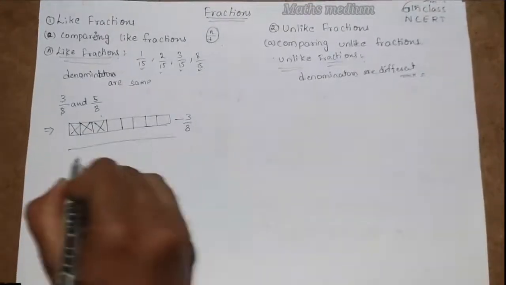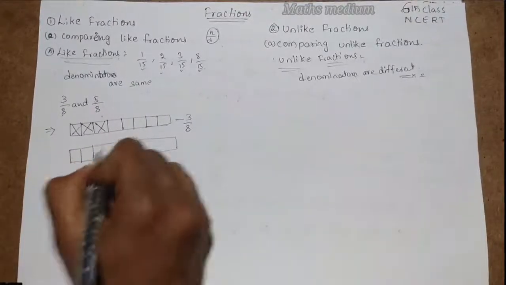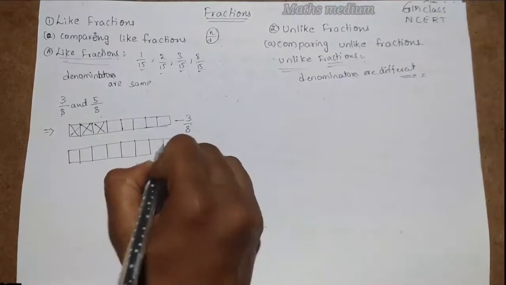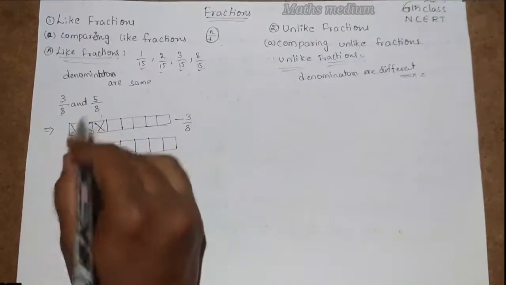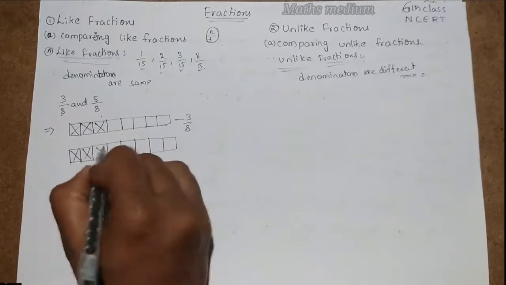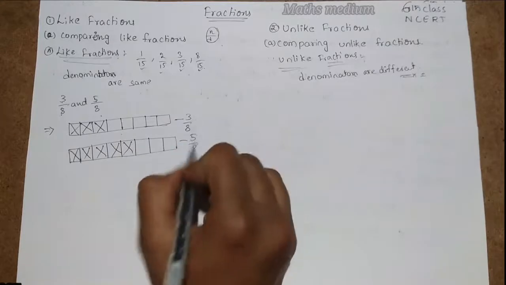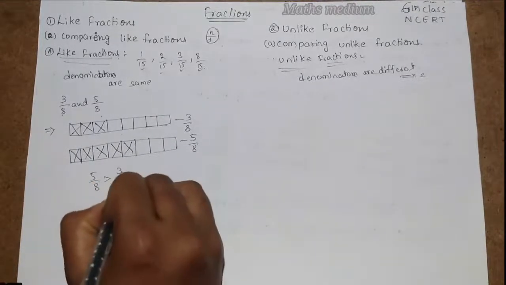If you take the same 8 equal parts and shade 5 parts, 1, 2, 3, 4, 5, this is 5 by 8. By comparing these, 5 by 8 is bigger than 3 by 8, right?